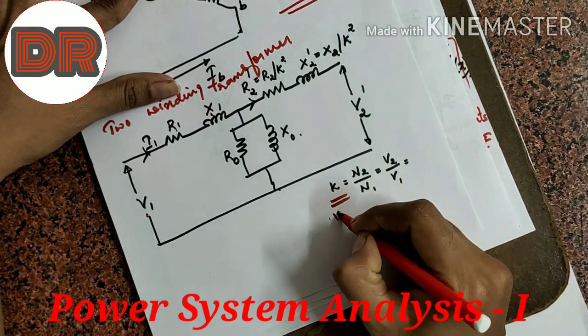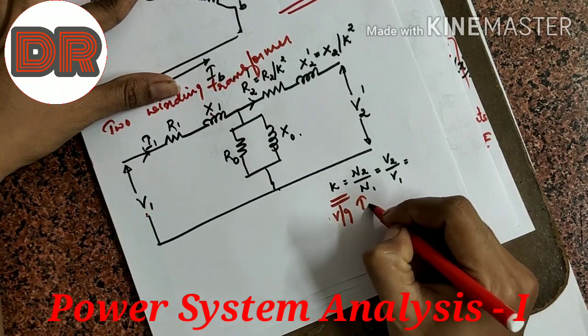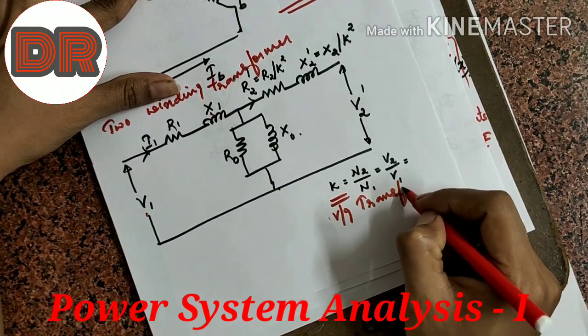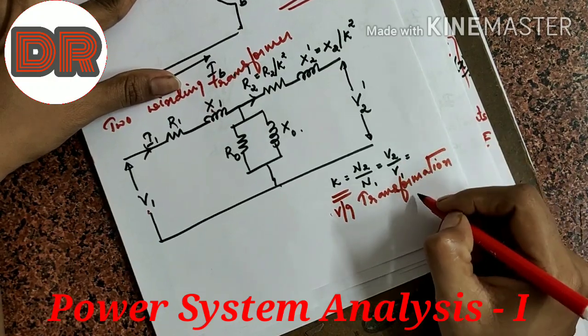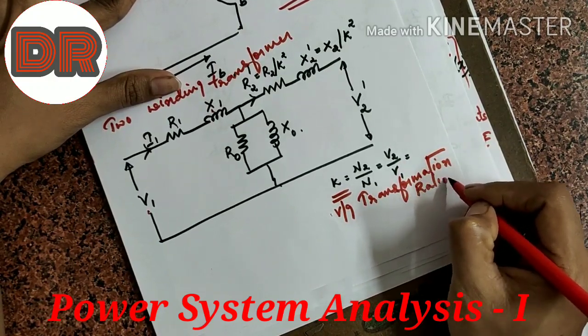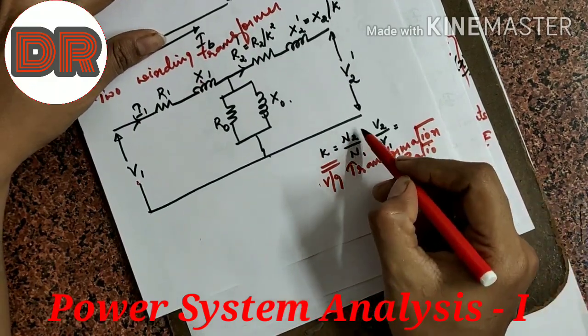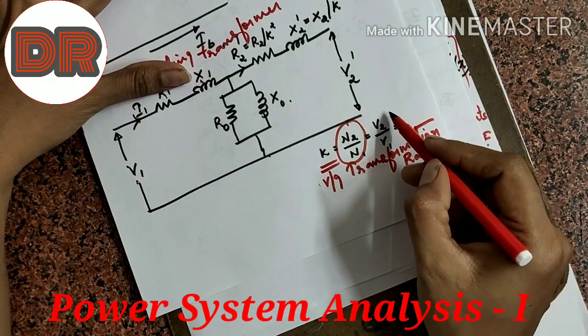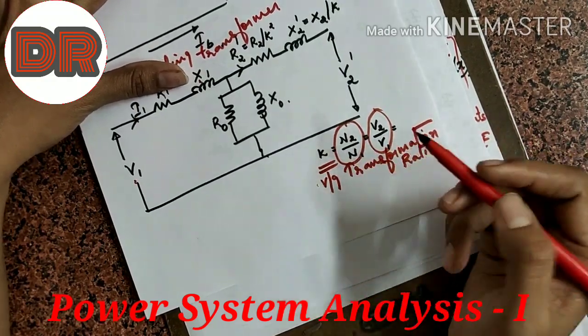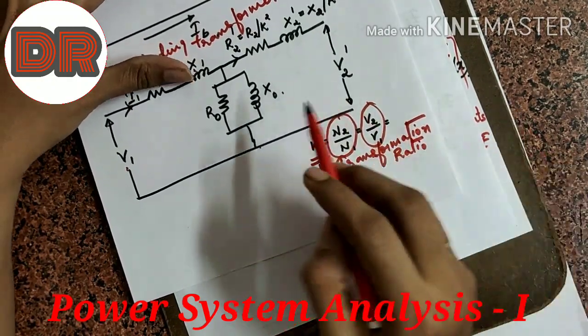This is known as the voltage transformation ratio, or just transformation ratio. Basically the transformation ratio depends on the primary and secondary turns, and also on the primary and secondary voltage.